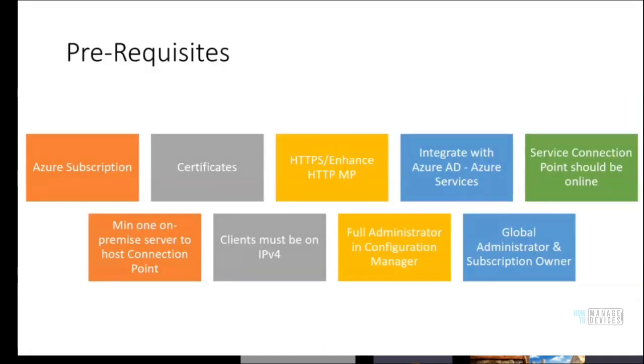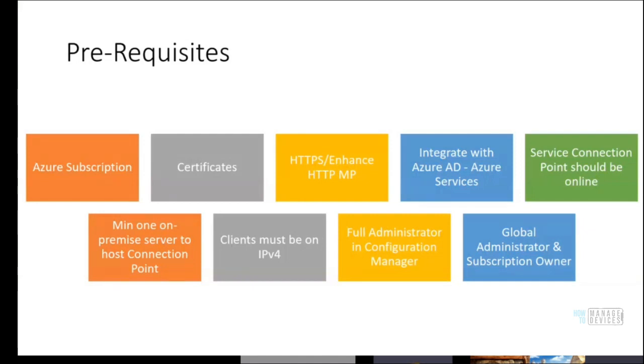So what are all the prerequisites? If you want to implement cloud management gateway in your hierarchy, you have to take care of these prerequisites. You have to be ready with all of them. You need to have an Azure subscription. That is mandatory. You need to have certificates.